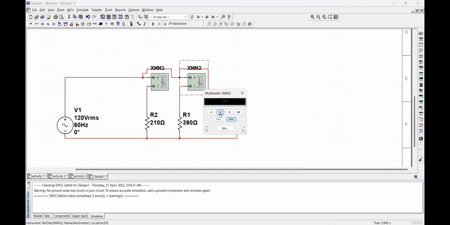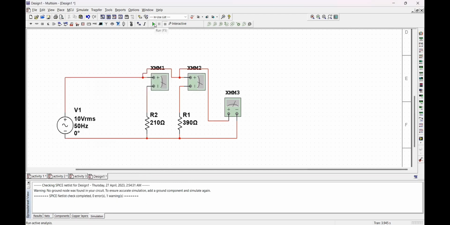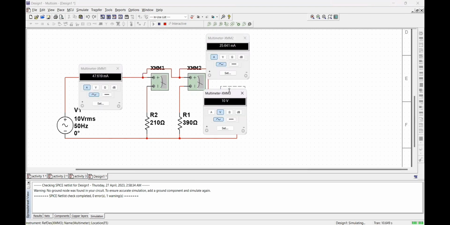So we choose the voltmeter and then ammeter. Change to 10 volt and 50 hertz, and then we just run, and also double click to show the value of all 3 multimeters.